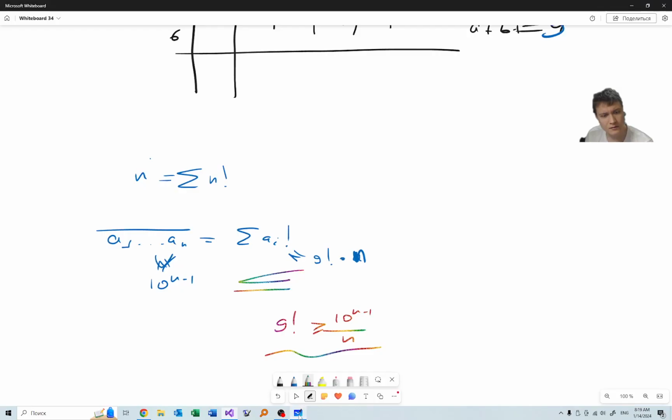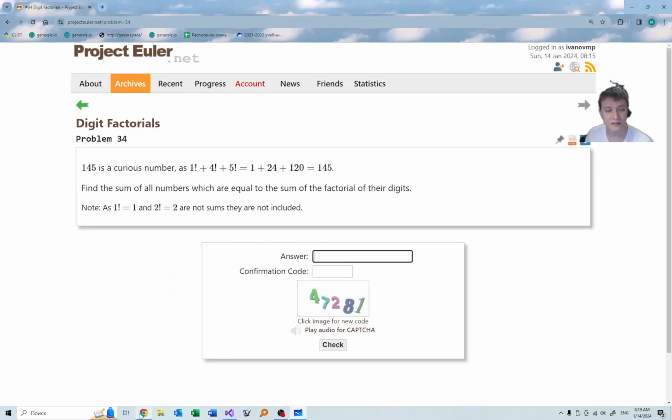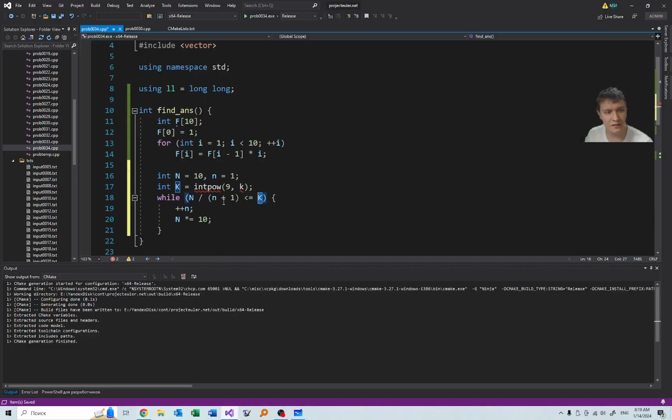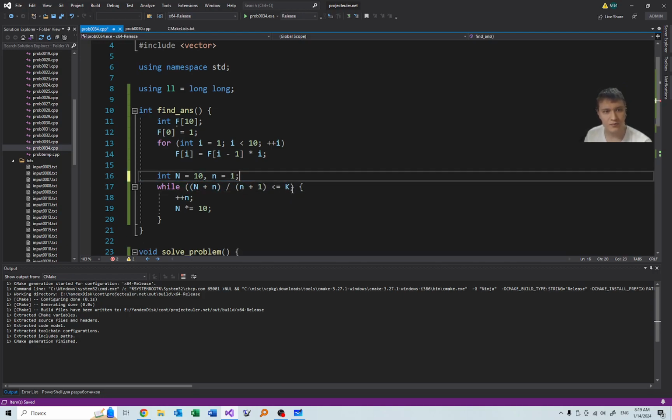Actually, I want this to be at least this. So actually I want to divide with ceiling. Since I want to divide with ceiling, I need to write it like this. Okay, here I simply put f[9] here.